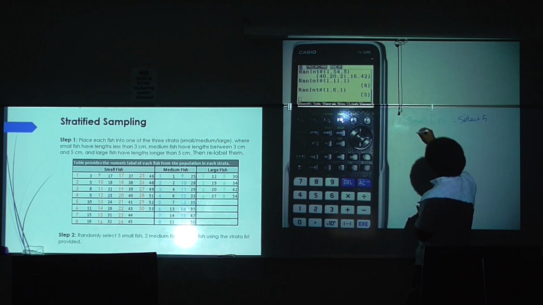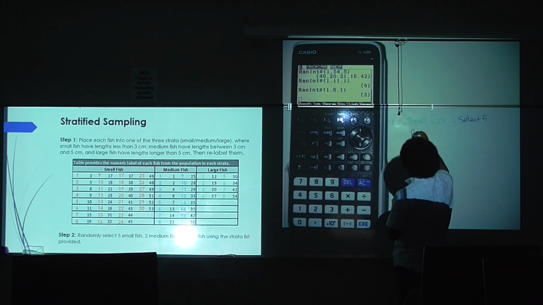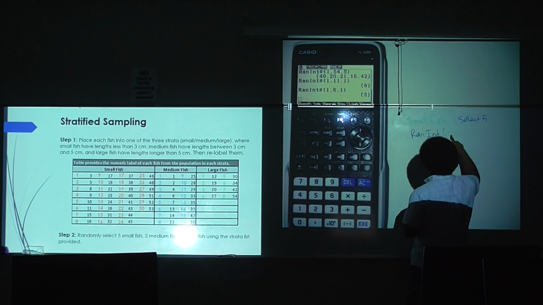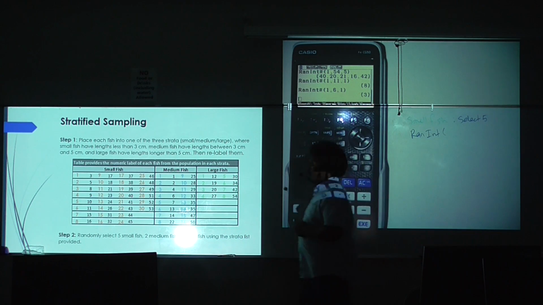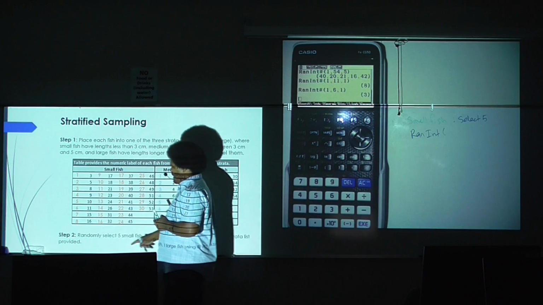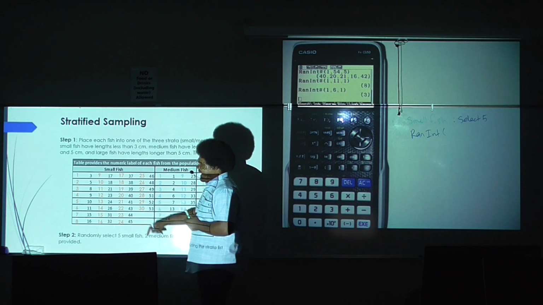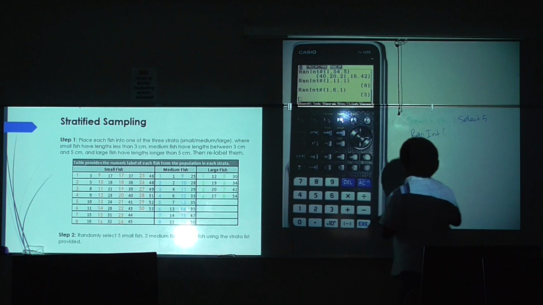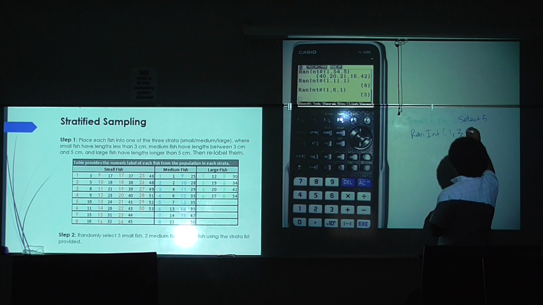So what we're saying here is I'm going to put a randInt, and I'm going to look over here and say, okay, what's my lower limit? 1. Upper limit is 30, and I'm going to choose 5. So 1, 30, and 5.